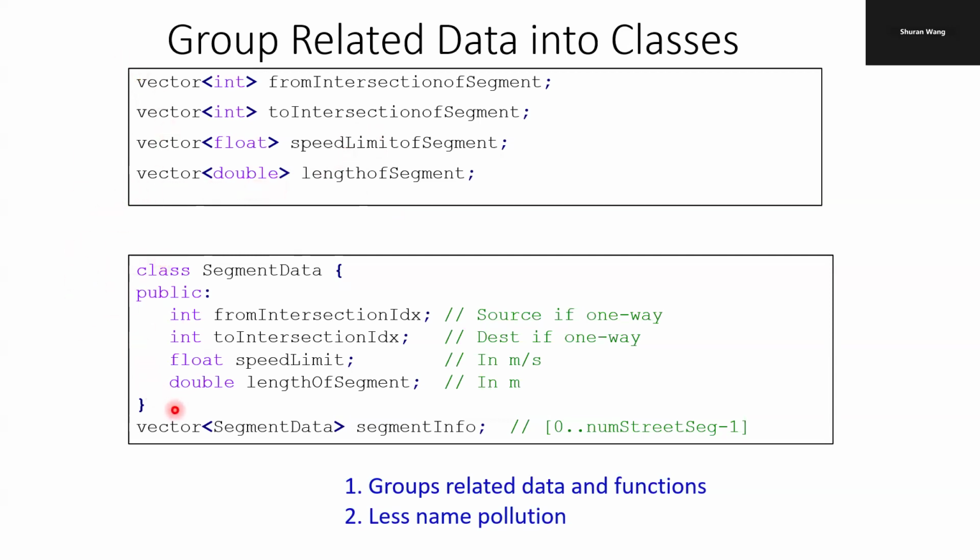What we have here is a class that contains segment data that has the 2 integers, 1 float, and 1 double. And in this case, we only have to have 1 global variable for the vector of segment data.